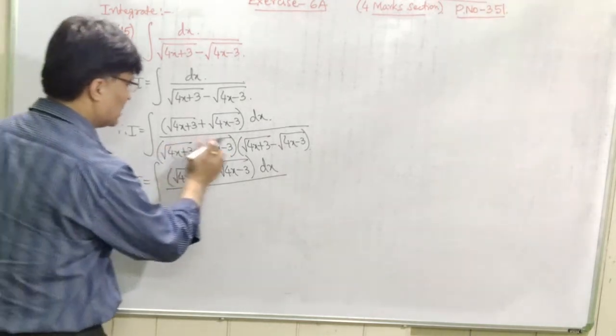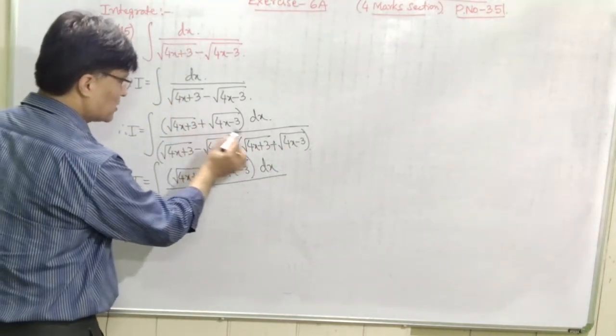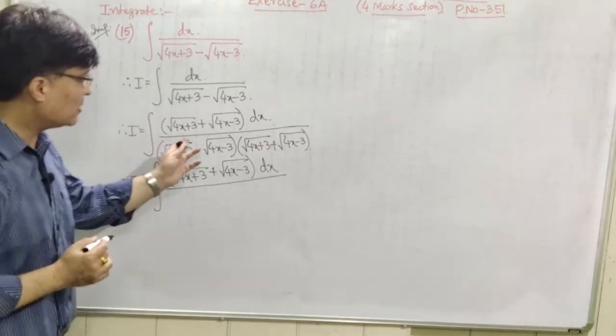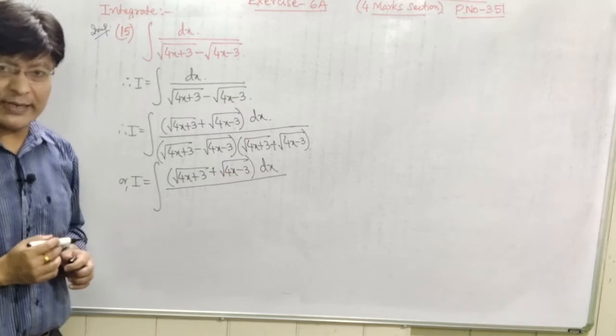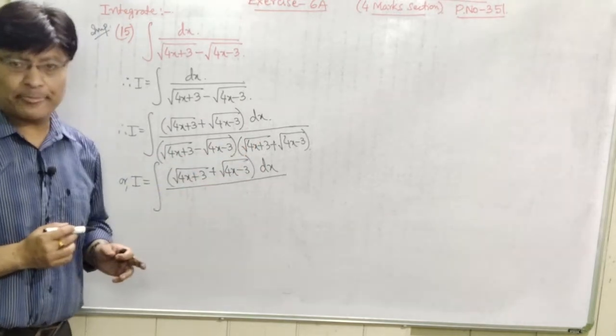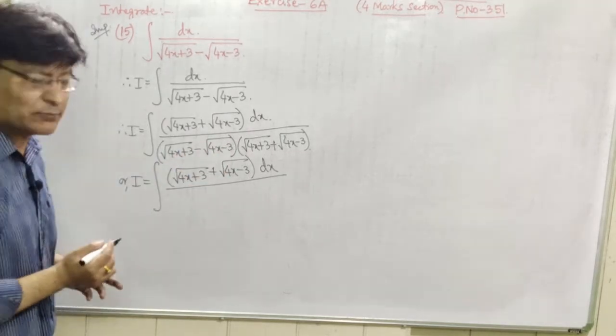So this is a minus, sorry, this is plus. If it is minus, this is also plus, because we are rationalizing the denominator. You have to write down the opposite sign here. So this is your a minus b into a plus b. What is the formula for a minus b into a plus b? a square minus b square.